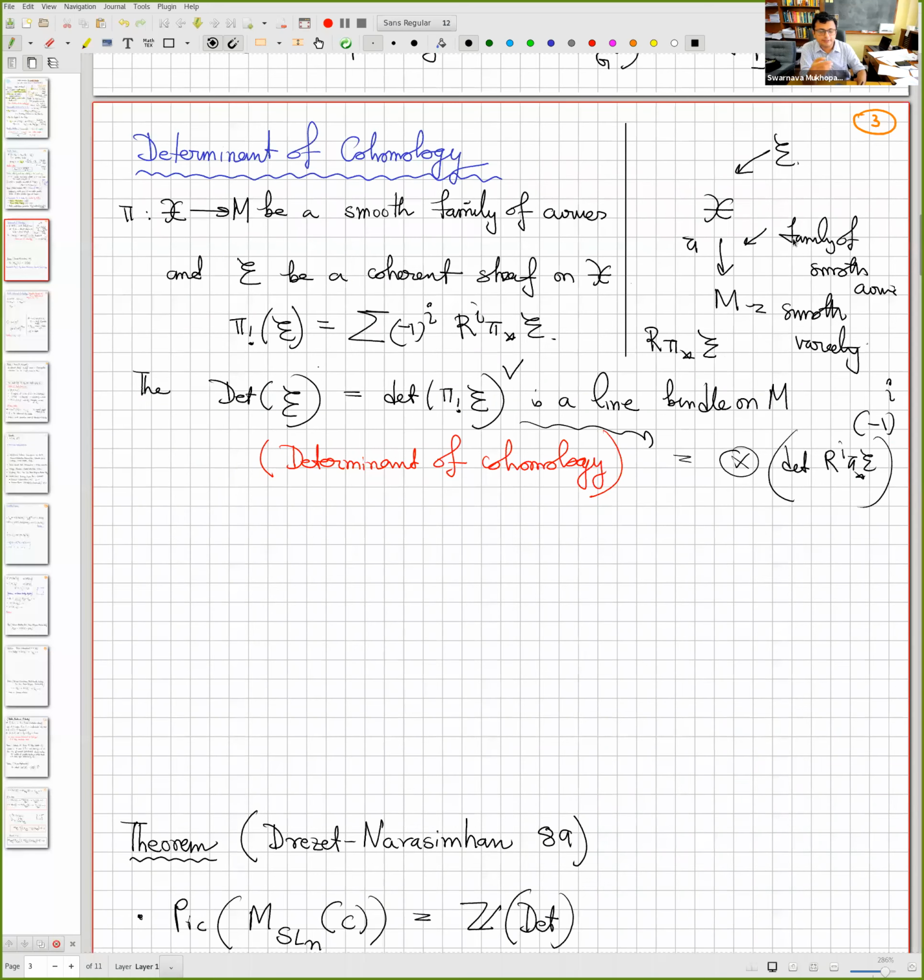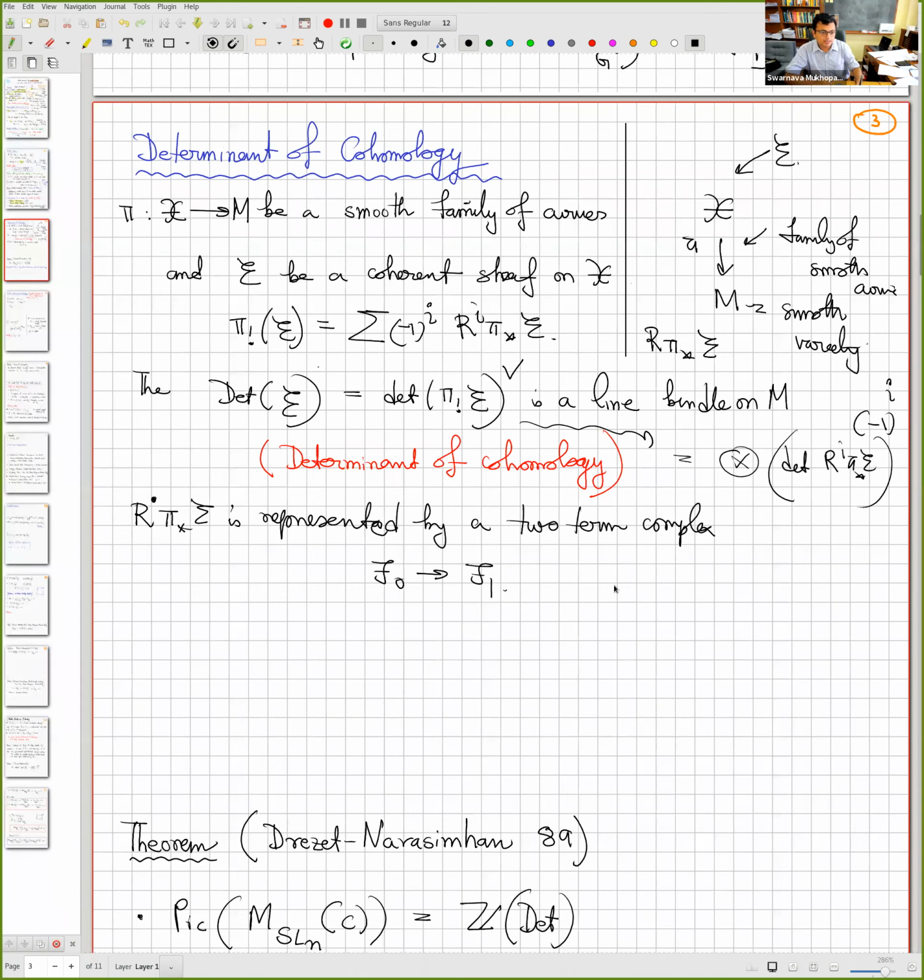Since the fiber is a curve, R pi lower star of E is represented by a two-term complex, let's say F0 to F1, given by a map, and the determinant of homology is given by the determinant of this particular map.